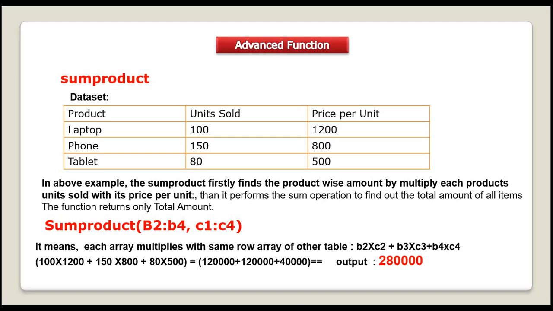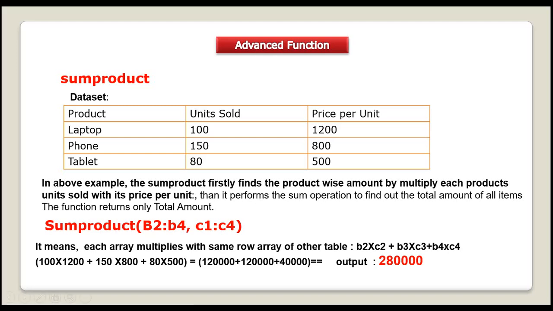Then it adds all the multiplied values produced by multiplying the unit price and units sold. So the formula is given like this: B2 colon B4.